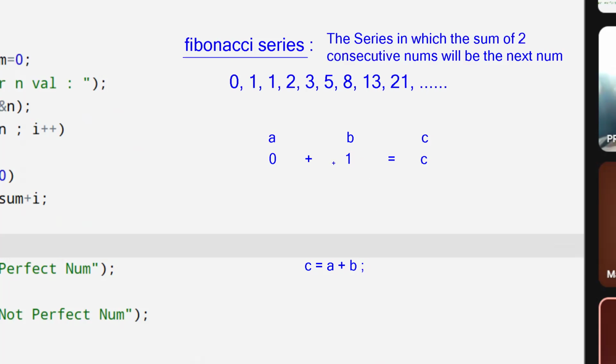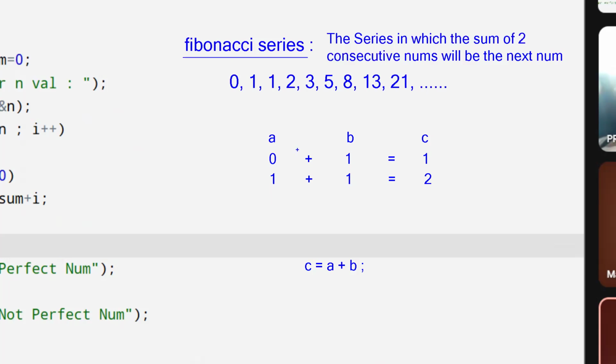After that, what is that C value? 0 plus 1 is 1. Then in the next iteration, see, A value 1, B value 1. B should come here and C should come here. Here it is 1 plus 1 is 2.